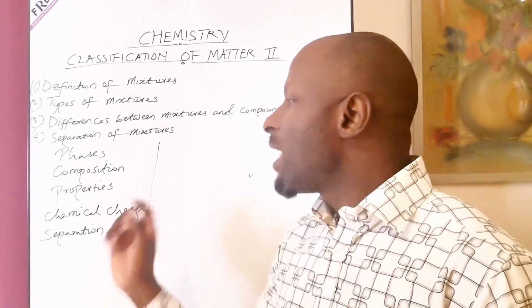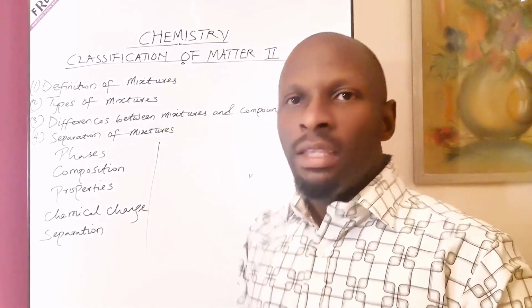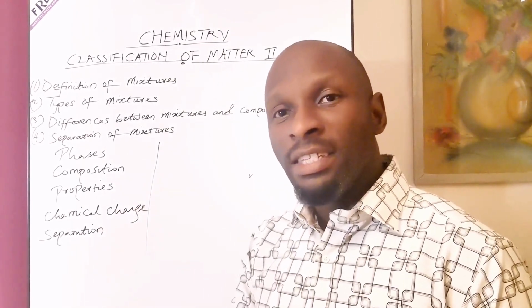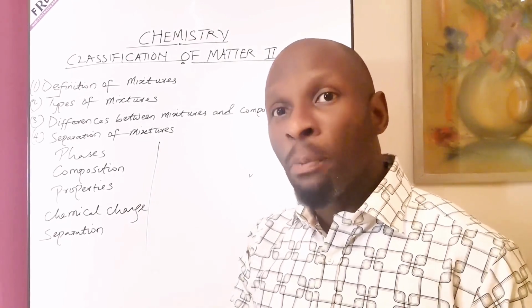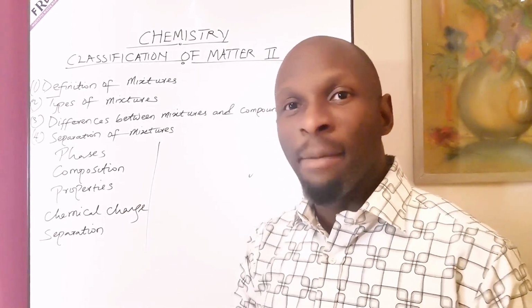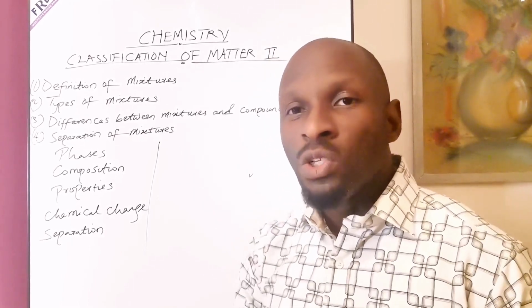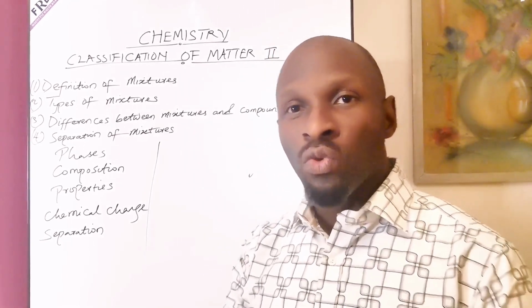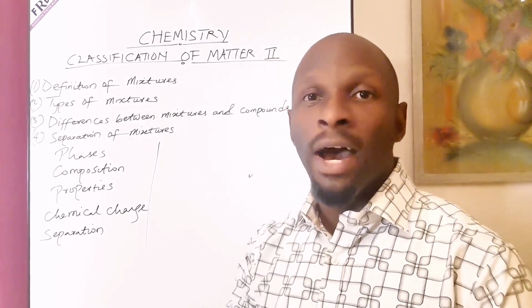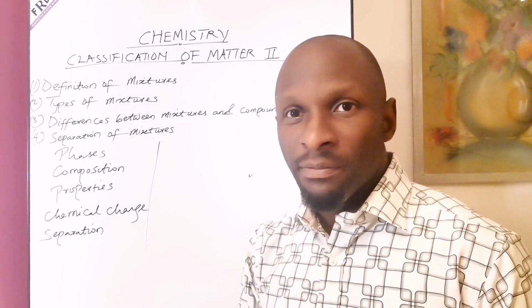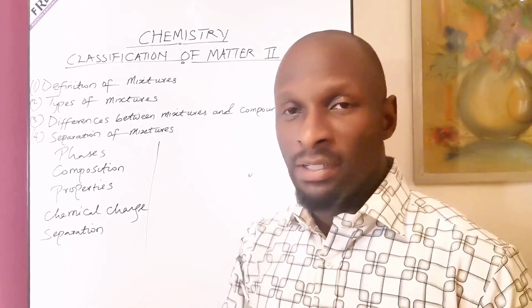Okay. Now, in terms of properties, the properties of a mixture are the properties of the individual substances that make up that mixture. That is to say that whatsoever substance was brought together to form a mixture retains its properties.